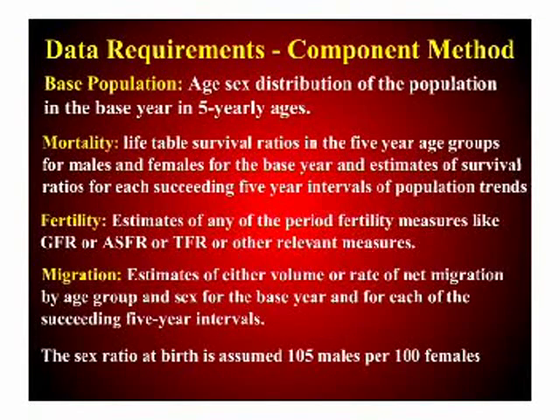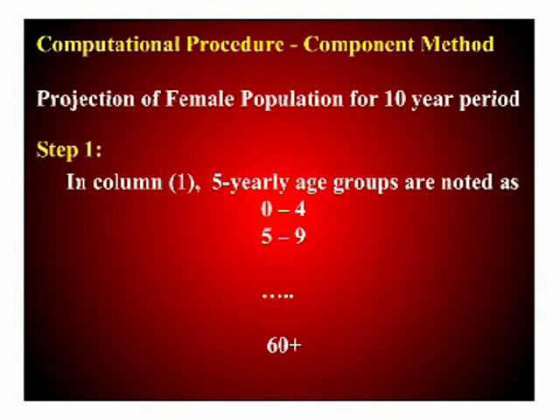The procedure under component method is given in the diagram, which gives the projection of female population for a 10 year period. In the diagram, column 1 refers to the age group of the population.